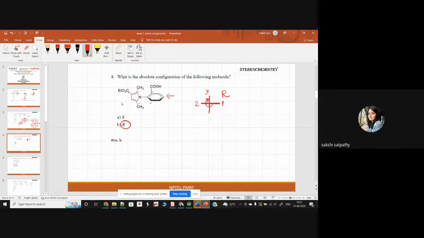Sir, shouldn't the COH group be taken in the vertical line when we are seeing from the right side? No, when we are seeing from the right side, as you see, this is perpendicular to the plane of the paper. This one is above and this one is below. So when viewing from this side, accordingly this one is 1, this one is 2.